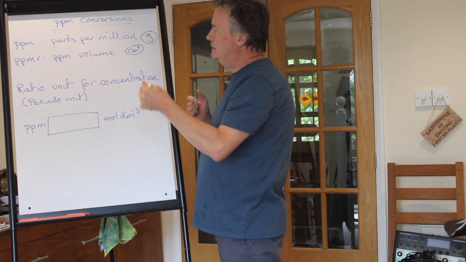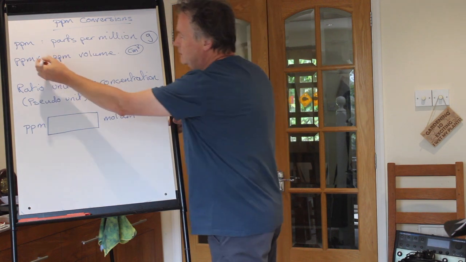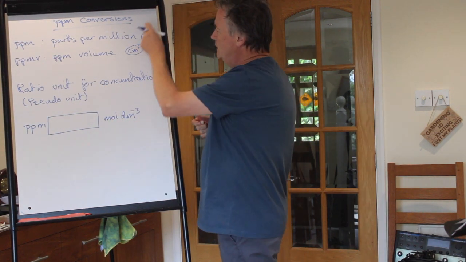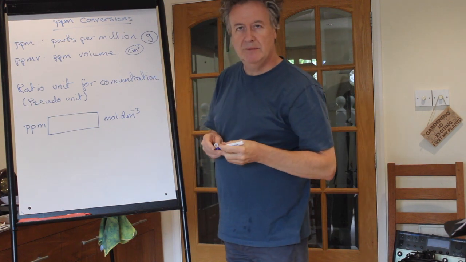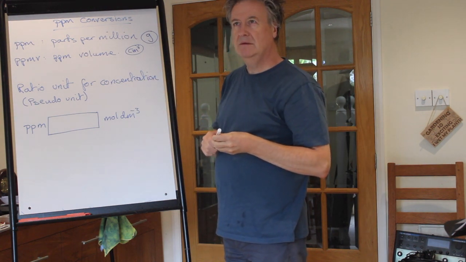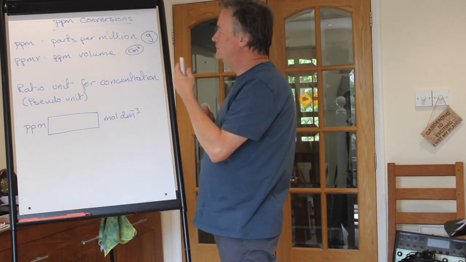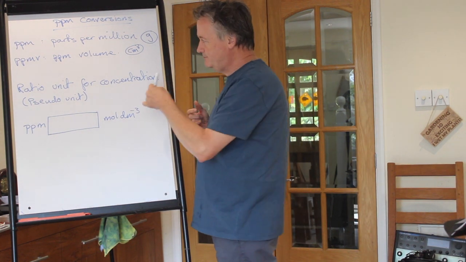So parts per million volume against parts per million, which is supposedly parts per million mass, but we just call it parts per million.